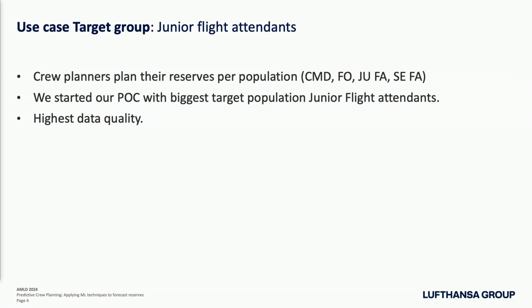And of course, you can go deeper, looking at the qualifications of these crews as well. For now, we're looking at the junior flight attendants. We started our POC with the biggest target, the junior flight attendants, because the number is higher and the data quality is also a bit better.